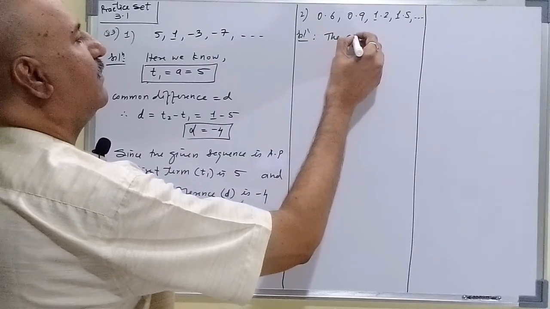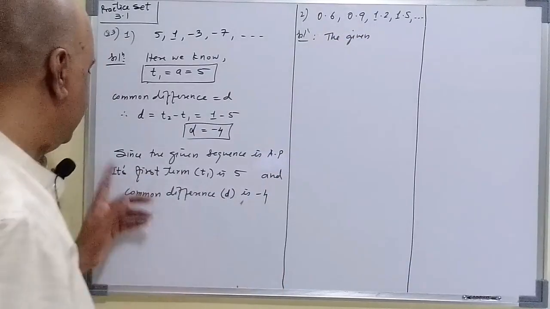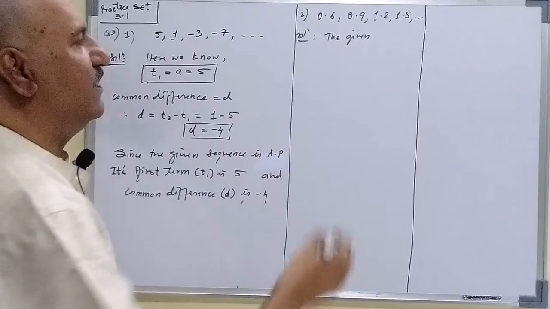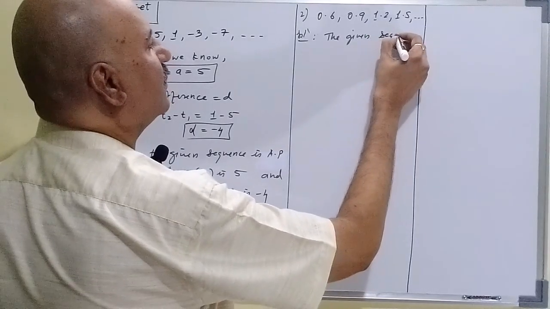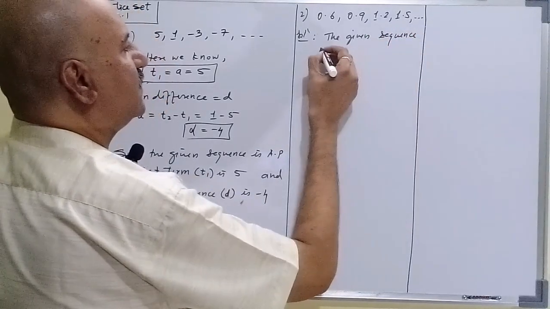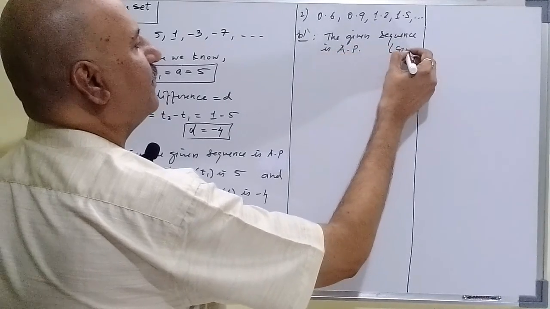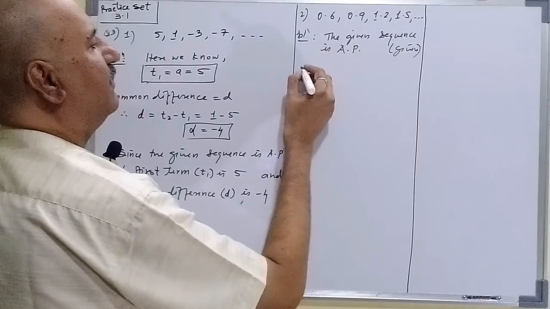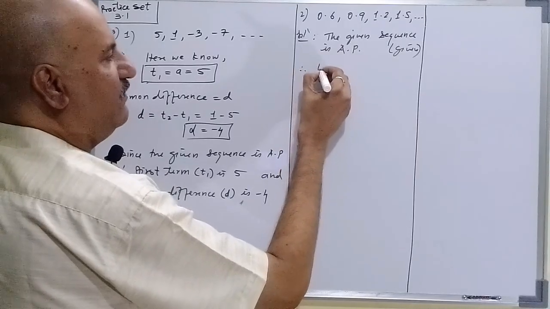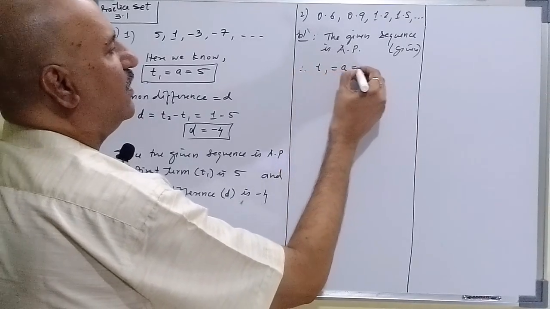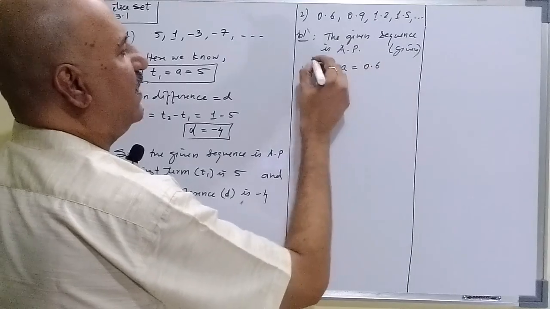The given sequence is arithmetic progression. Given दिया है. Therefore T1 equal to A इक्वल टू 0.6, पहला टर्म आ गया.